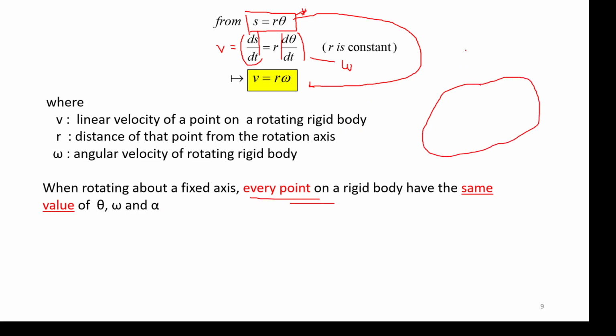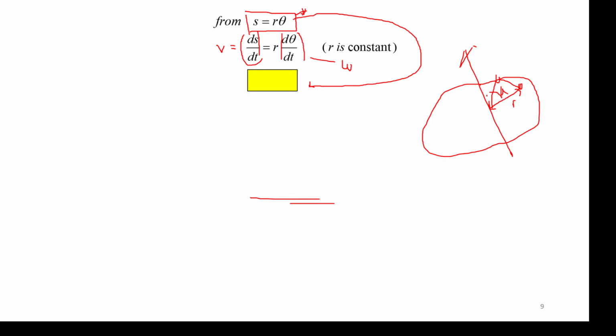You have your axis there, and you have your point particle here with distance r, and it moves as I showed in the previous slide, and you have angle theta. Sorry for the diagram. Let's revert back to the previous slide.